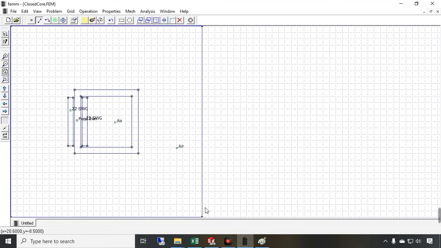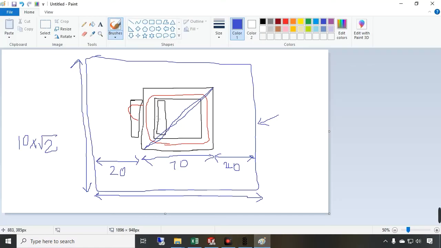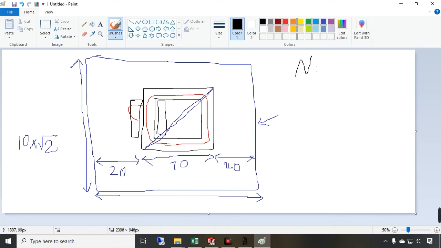The next step is defining excitations. If we have N turns for this coil, NT, number of turns, and if we have this current, I, the total current flowing in this coil arm, the current here is inside the paper and here is outside the paper.